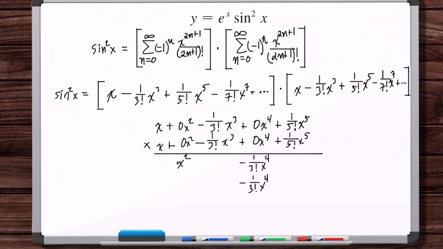So, all right, minus, okay, so now if we kept going here, you have x to the sixth, and then here x to the seventh. So 1 over 5 factorial times x to the seventh, positive.